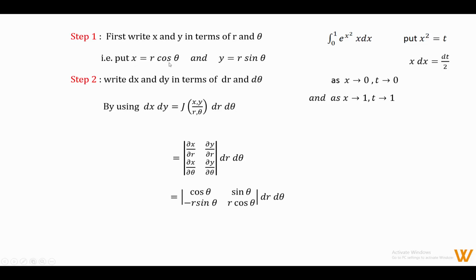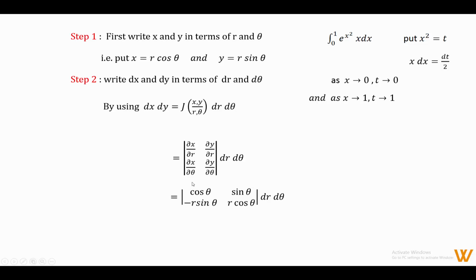X is r cos theta, so del x by del r is only cos theta. Del y by del r, the partial derivative of y with respect to r, is sin theta. Del x by del theta, the partial derivative of x with respect to theta, is minus r sin theta, and del y by del theta, the partial derivative of y with respect to theta, is r cos theta, dr d theta.